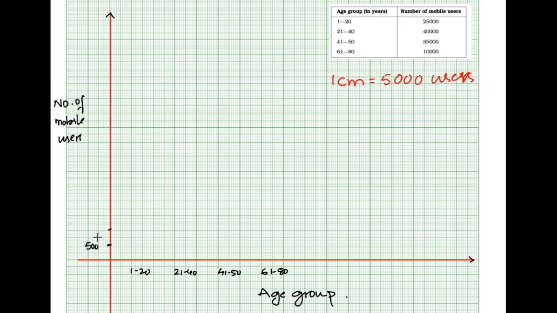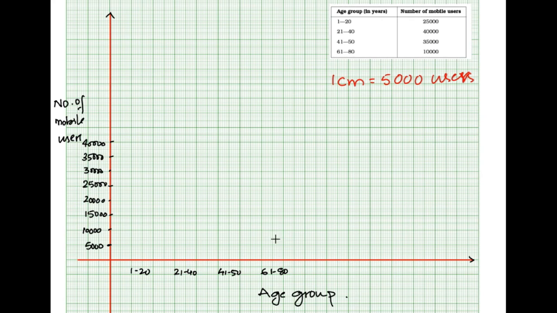The next will be 10,000, next will be 15,000, next will be 20,000, next will be 25,000, next will be 30,000, the next one is 35,000, next to that is 40,000, and that's the maximum.